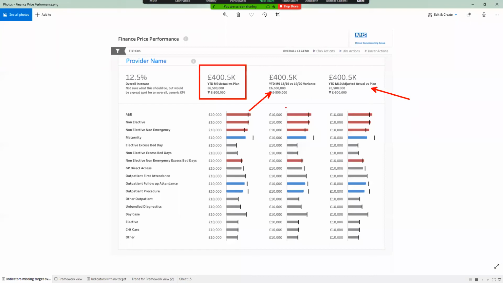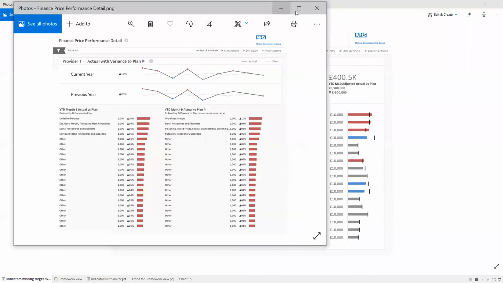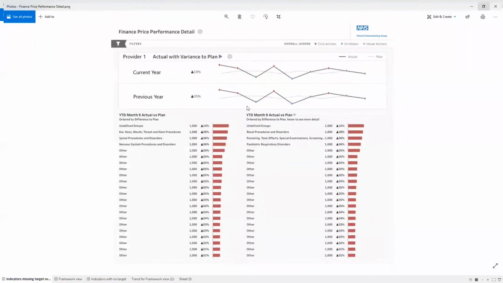But critically within this, and why this is saving them time, is that if they want to investigate this data point, they're saying, okay, we're over plan for A&E this month. Why? They can click on this bar. If they select that bar, it's going to take them to this worksheet, or this Tableau workbook.